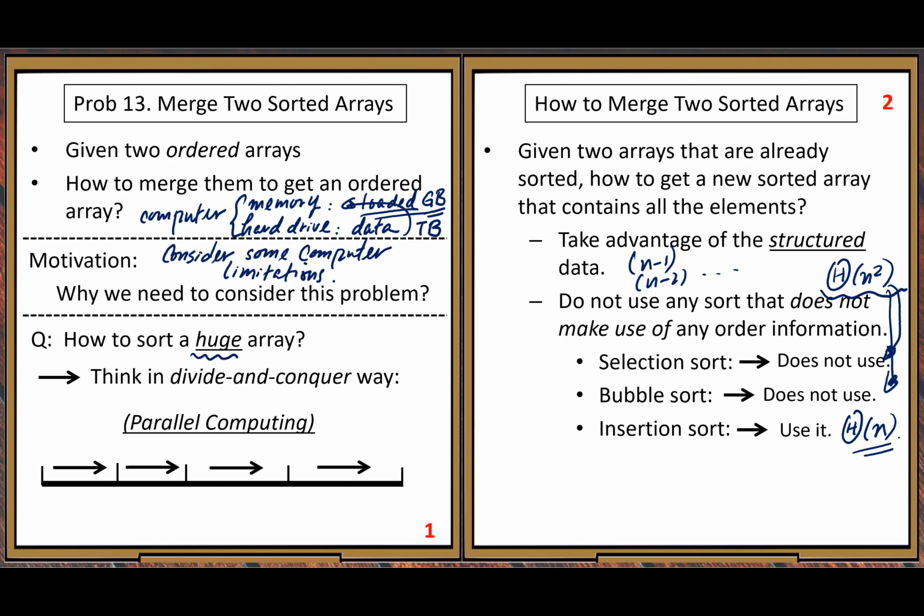That means the solution of insertion sort helps us a lot. So we should borrow the idea of the solution from insertion sort to solve our current problem of merging two ordered arrays.